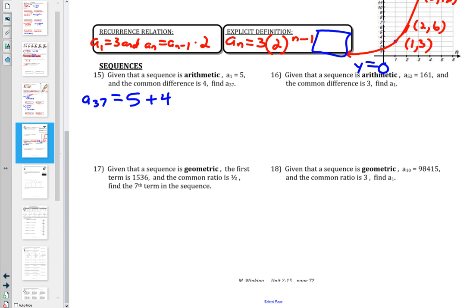The only thing is on geometrics, the n minus 1 is an exponent. Here it's just multiplication. And my n is not going to be n here. I'm just plugging in already. It's going to be 37. So that's going to be 5 plus 4 times 36. 5 plus 4 times 36. I'm getting 149.